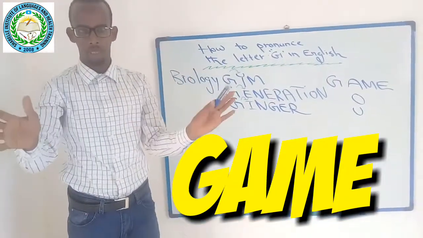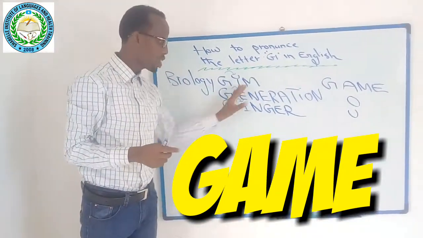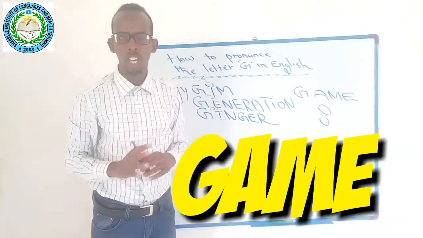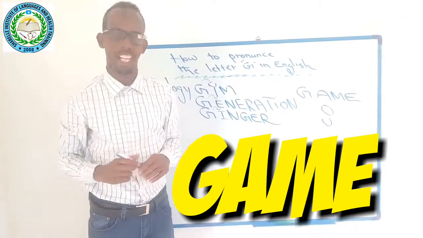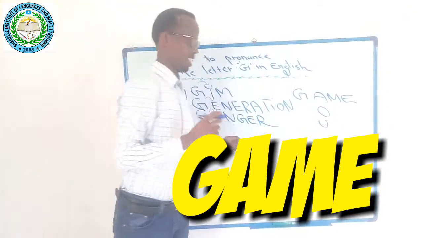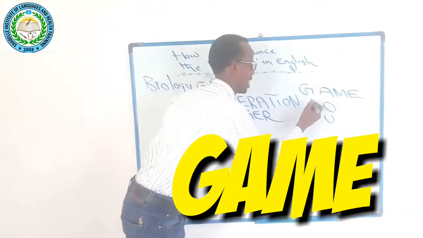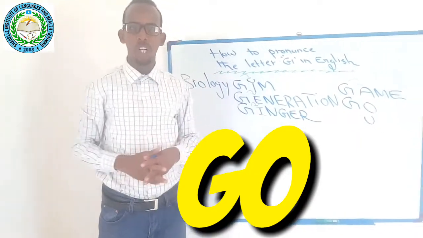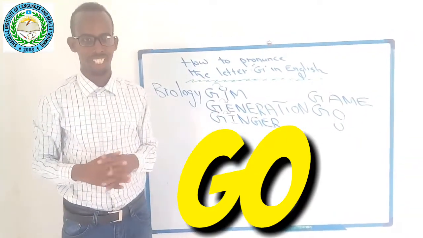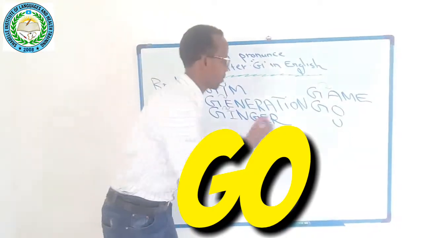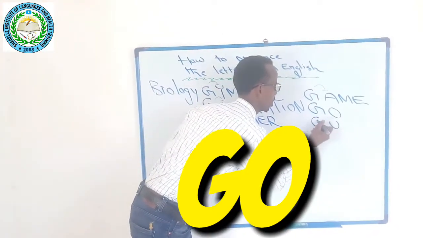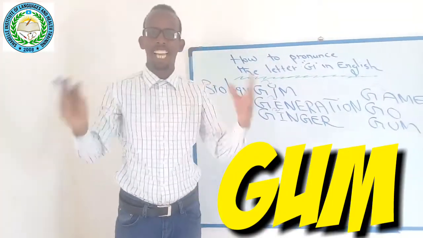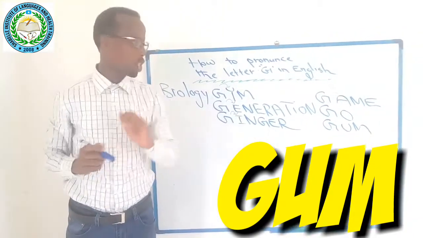Here is generation, here is ginger, but here is game, because the letter G is followed by A. Go! Not jaw. It's a little strange, isn't it? Here is gum. Gum, not jam.